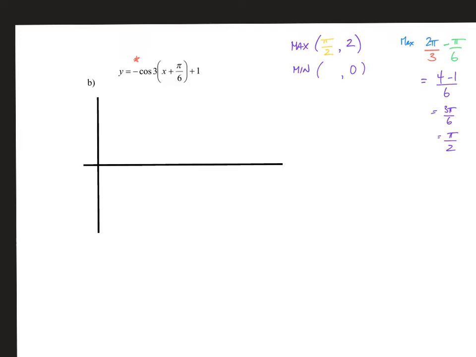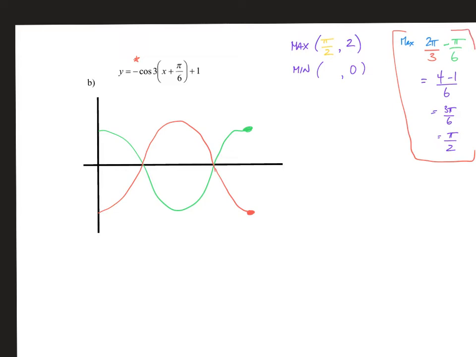So what I'm going to do is put on my base cosine graph again, and all I'm going to do is reflect. And what you'll notice is, as soon as I reflect that curve in the x-axis, what used to be a maximum now became a minimum. So it's not like I wasted my time finding that value. It's that I didn't really find the maximum value.